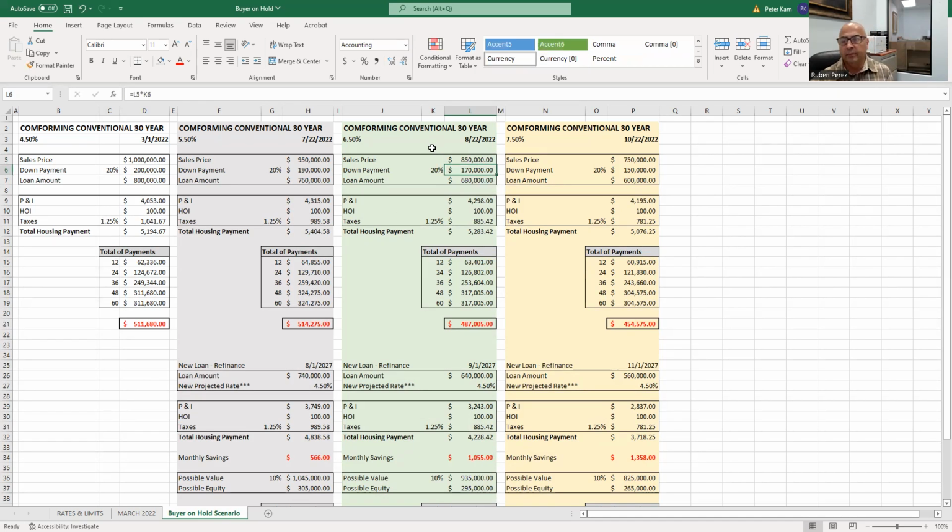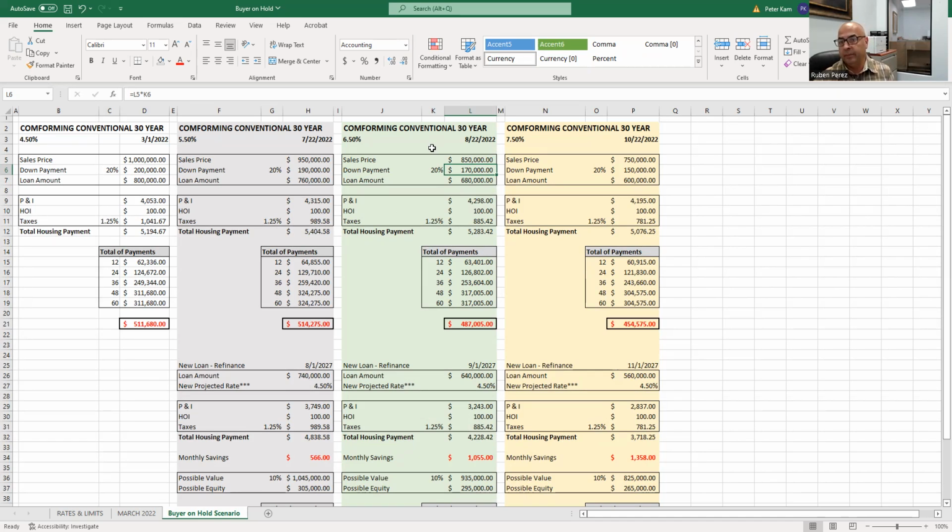Because it's still beneficial for them to buy a property versus renting. I didn't have time to do how much money they'd be throwing away based on the rent factors and how much they're putting into the rent expense.